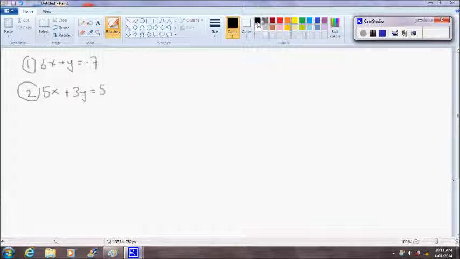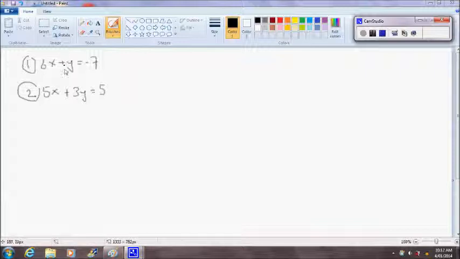We have in equation 1 6x plus y. So the variable that we want to eliminate first is y. There's no particular reason. You can choose to eliminate x first, but in this case I think it's easier to eliminate the y variable.